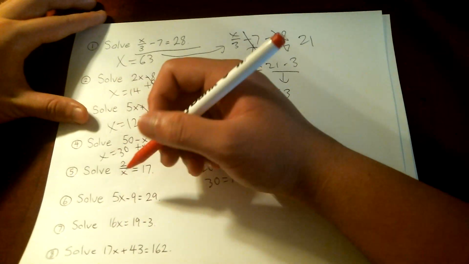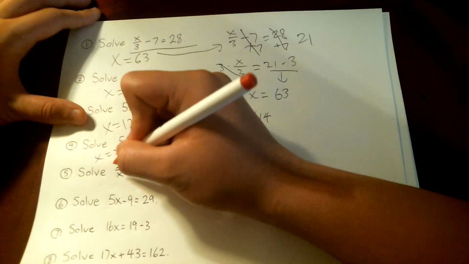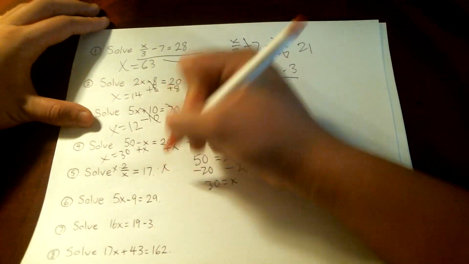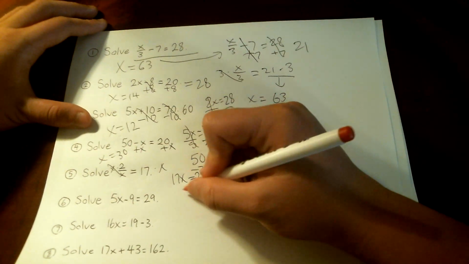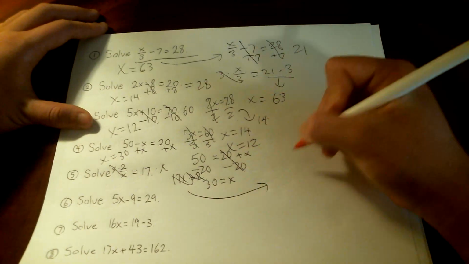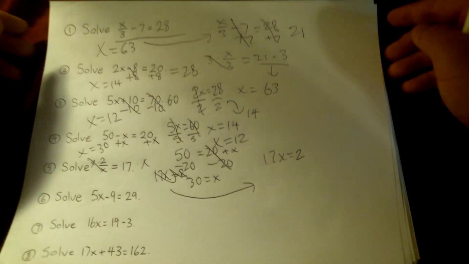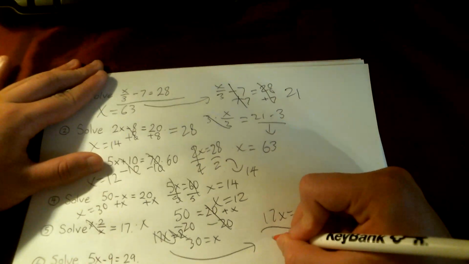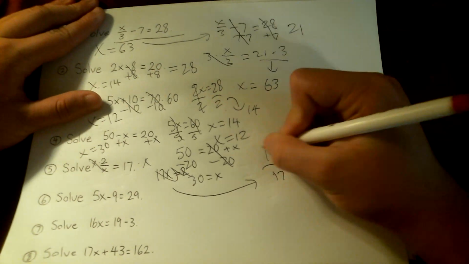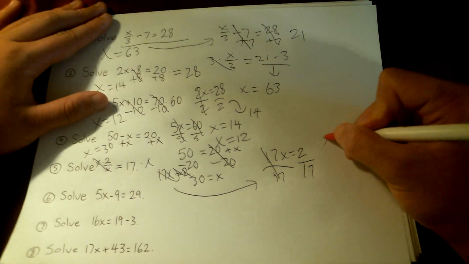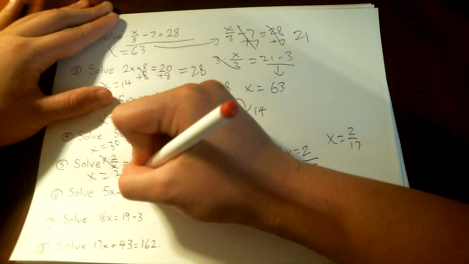That one asks to solve 2 over x equals 17. First we would multiply both sides by x. That is 17x equals 2. Dividing both sides by 17, that would get us 2 over 17. So that would be the answer for this one.